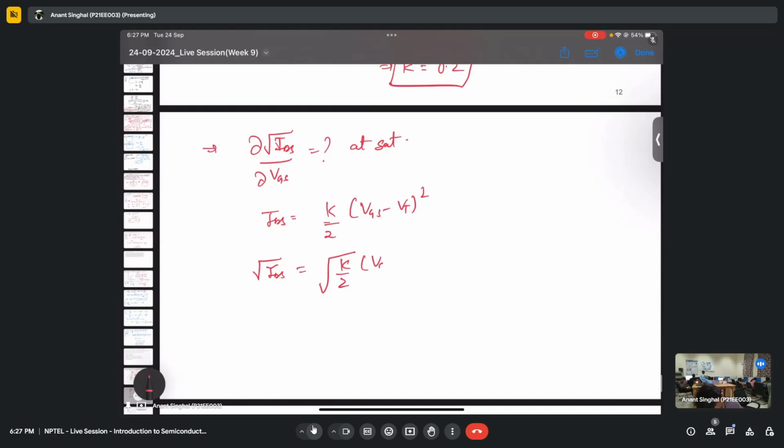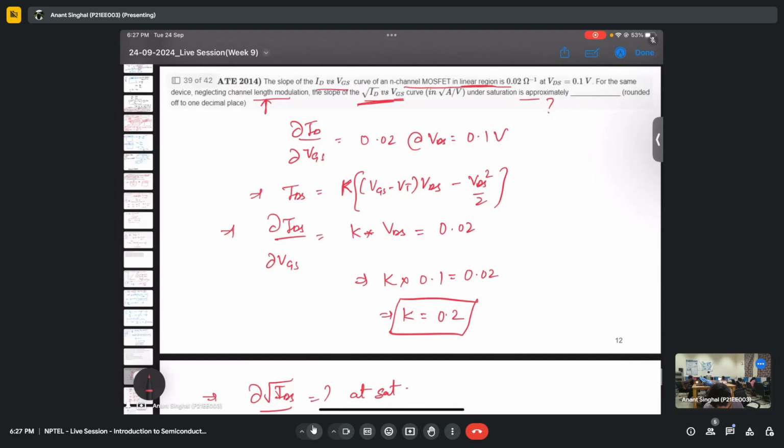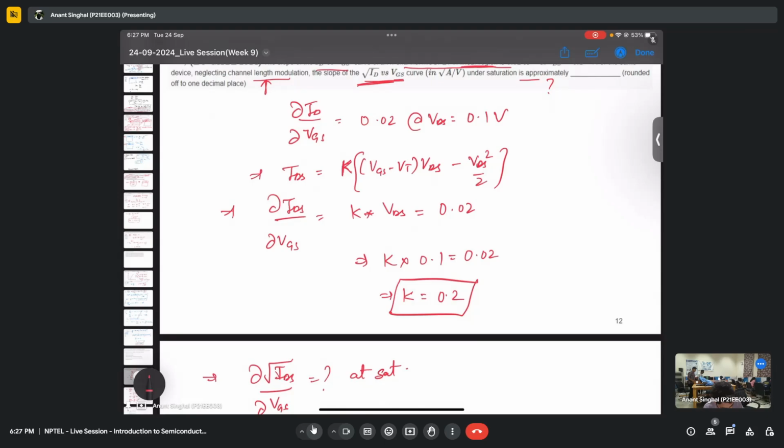So if I do the differentiation with respect to VGS, it will be nothing but under root K by 2, right? Any doubts? No, sir. And K we have calculated, what was that? It was 0.2 or 0.1? 0.2. 0.2 only, sir. Okay, I've written everything correctly.